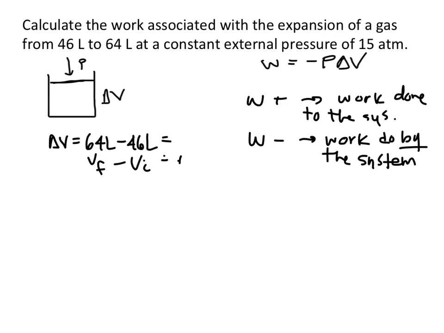This is why the equation is written as it is. This negative sign helps facilitate the appropriate signage associated with W. So let's go ahead and finish the calculation up. 64 minus 46 is going to give us 18 liters. So these 18 liters are what our change in volume is.